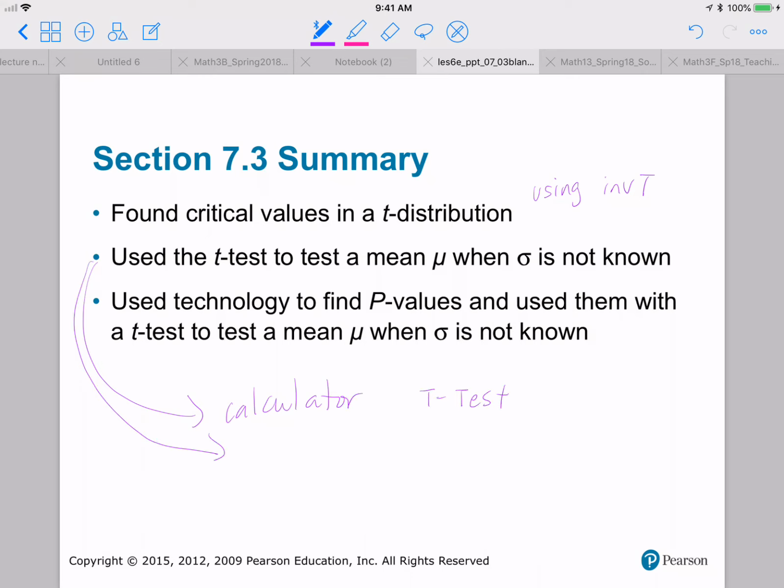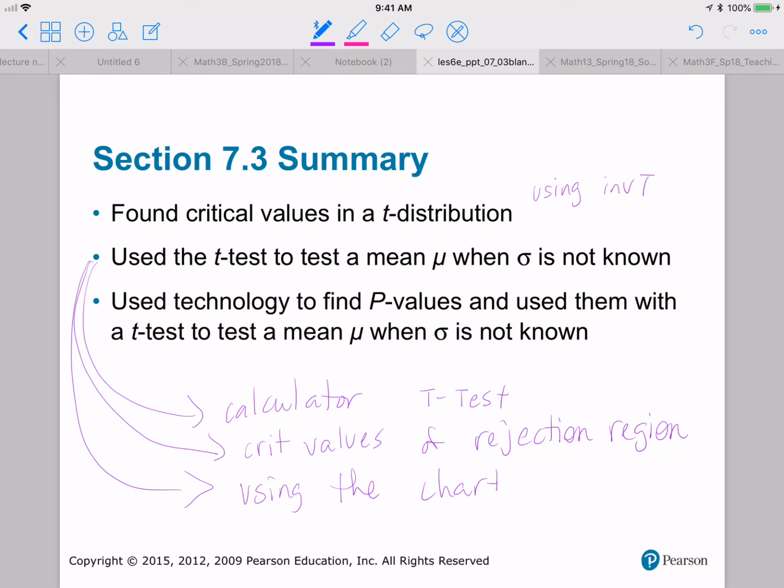We did it with the critical values method, critical values and rejection region. And then we did it using the chart that will be on the exam, the chart for written homeworks and exams. All right, thank you very much.